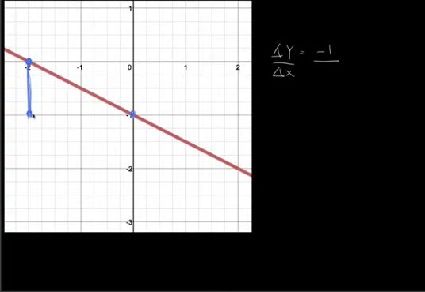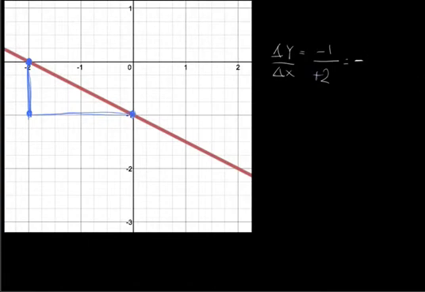The x value over here goes from negative 2, that's my horizontal change, to 0. From negative 2 to 0, that's an increase of plus 2. So this line has a slope of negative, I have a negative divided by a positive, so it's negative 1/2.